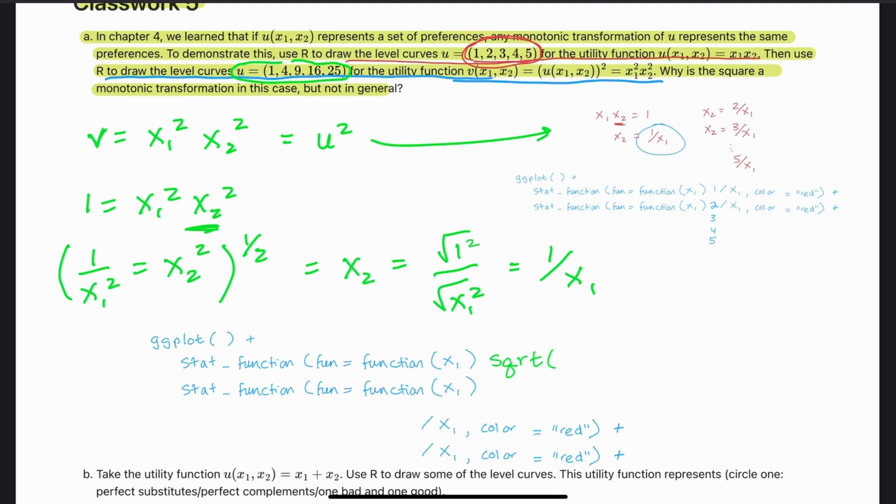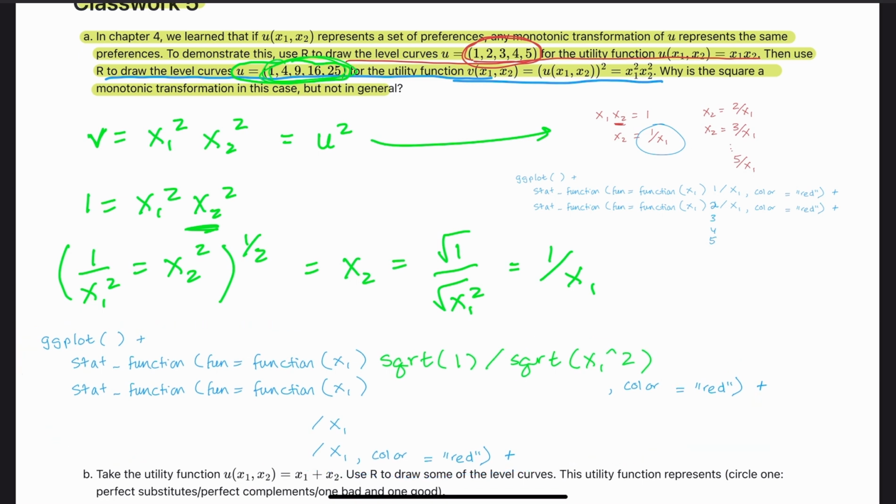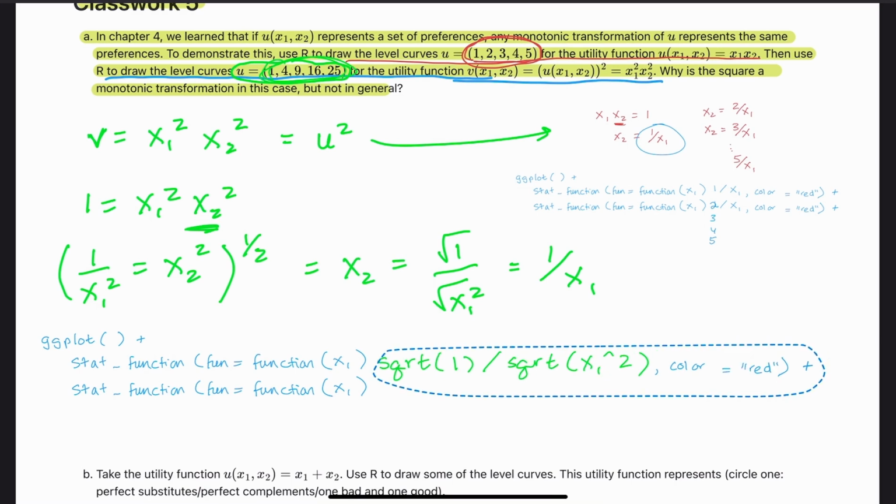This should also be squared, right? No. Okay, that's just 1. So I'm doing squares here. It should be 1 divided by the square root of x1 squared. And then have the color, move this over. Okay. And then same idea down here.